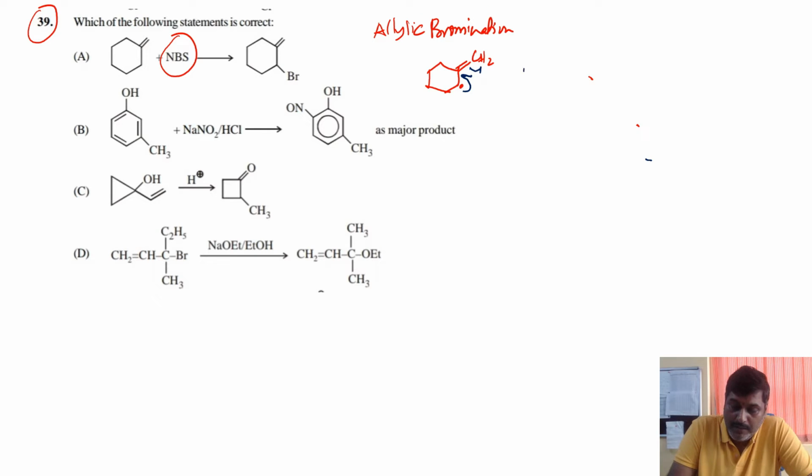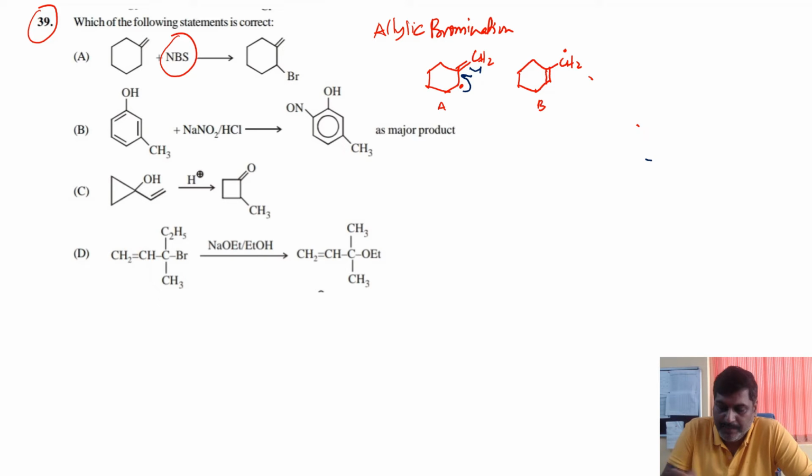In the other canonical form, you will get it like this, where the primary free radical forms and the double bond comes here. Here if you see, then you will find that this free radical A is the more stable one, and free radical B is the less stable one.